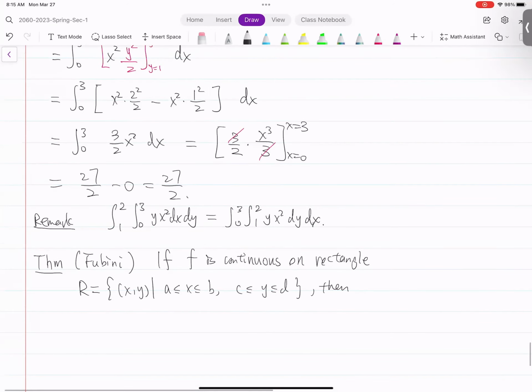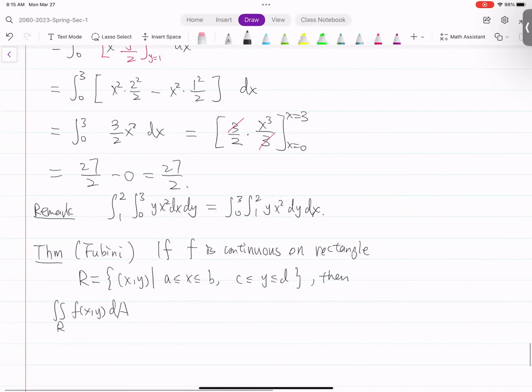Then the double integral on this region R of the function f of x, y, dA. Recall that dA is the area of the base that you're trying to accumulate.